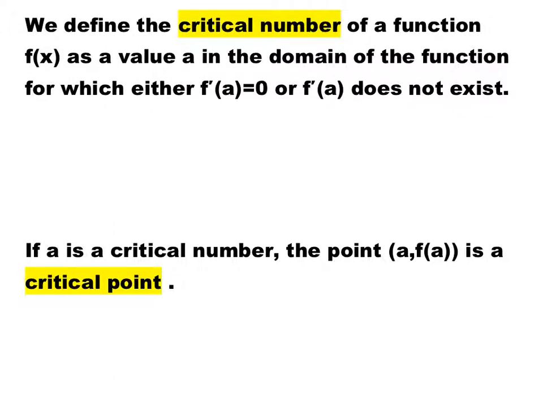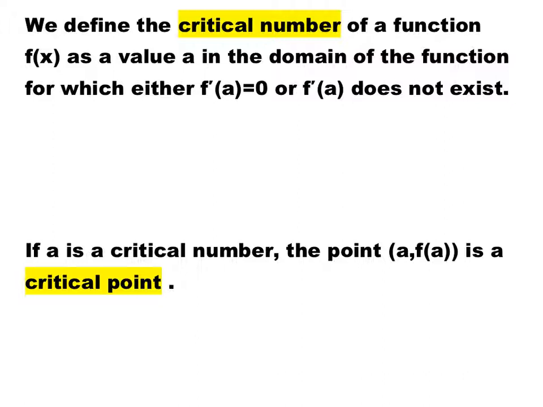We are now going to define a couple more definitions. First, a critical number. A critical number is any x value for the function f of x where it makes either the derivative equal to 0 or the function is undefined for that value.